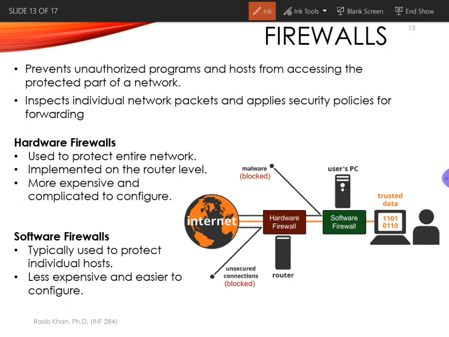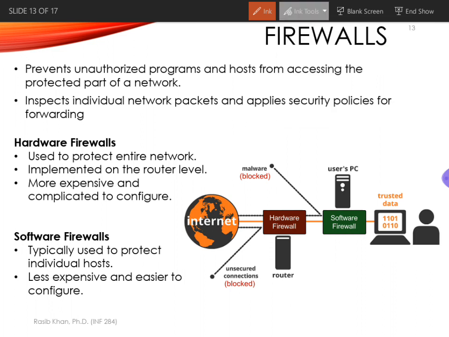So let's try to look at how the software and the hardware firewall would protect a user. Let's say we have a user who's placed behind a firewall, and there is a software firewall installed on the user's PC. In addition to it, there is also a hardware firewall which is installed at the edge of a network on a router.